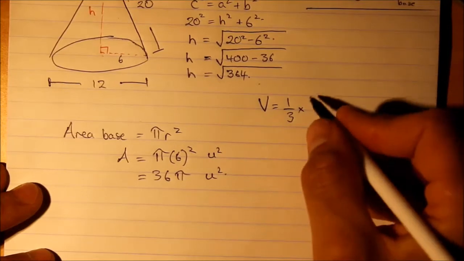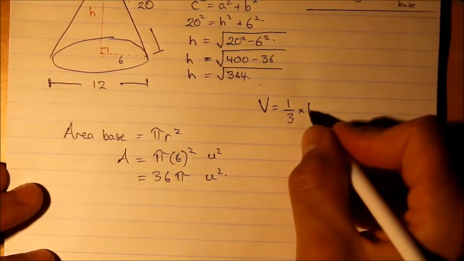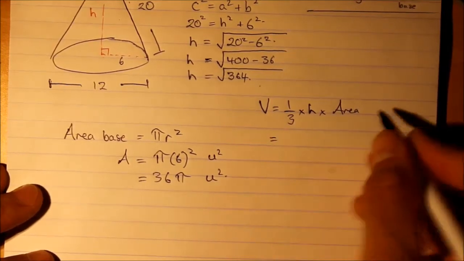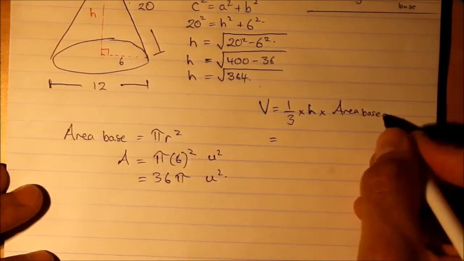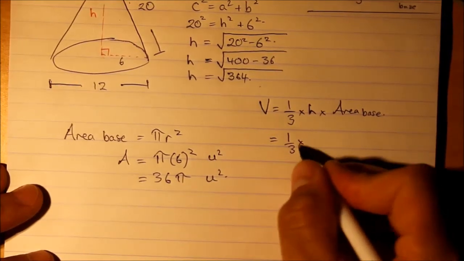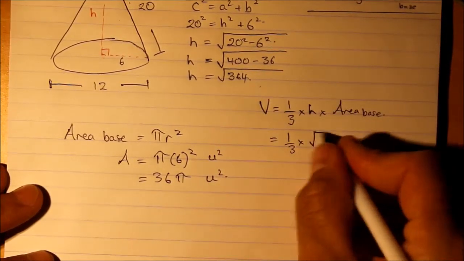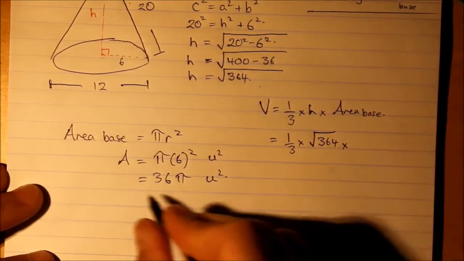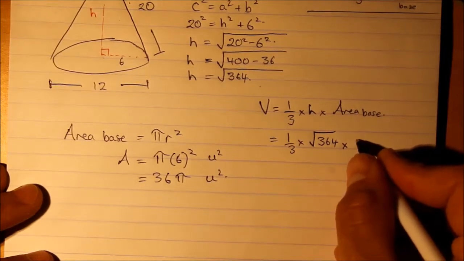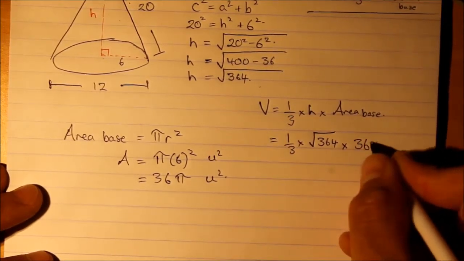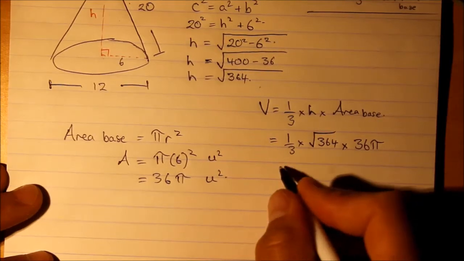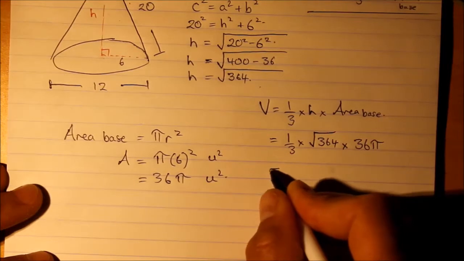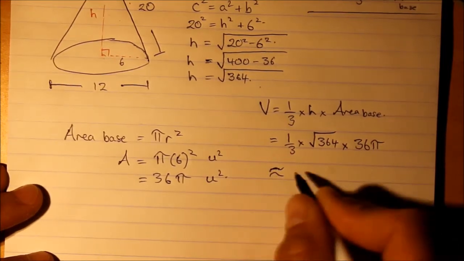1/3 times the perpendicular height times area. Just to remind you that it's a base. Okay, so 1/3 times, here we go. So we can put it in exact form here, and then round at the end. Well, let's see what this comes to.